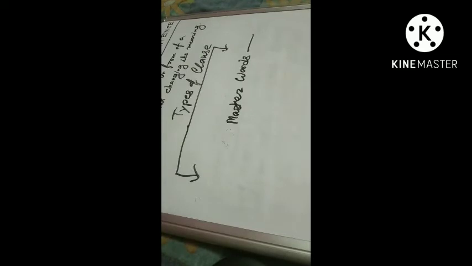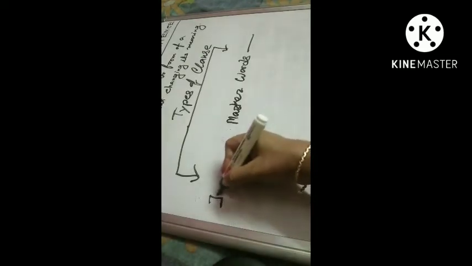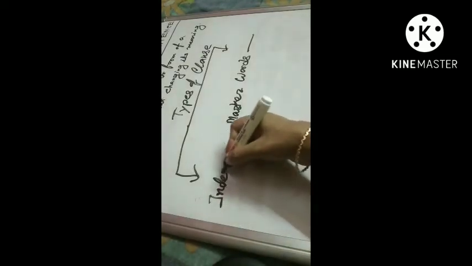Now we have to know what independent marker words are. So what makes the sentence independent? Which word helps you to understand that it is an independent clause?